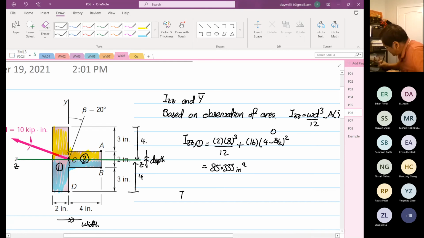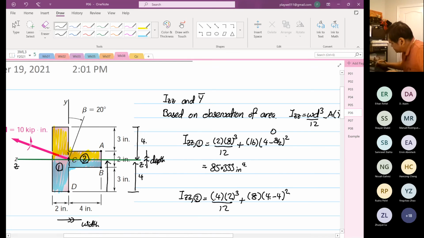Okay, so IZZ2 is equal to, so the width is 4. The depth is 2 power 3 divided by 12 plus 4 times 2, which is 8, the area. So now this is 4. Okay, now you can take it from the top or from the bottom. So the distance from here to here, the individual centroid, is also minus what? 4 squared.